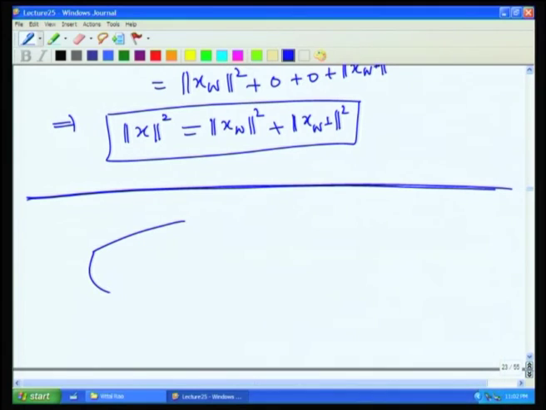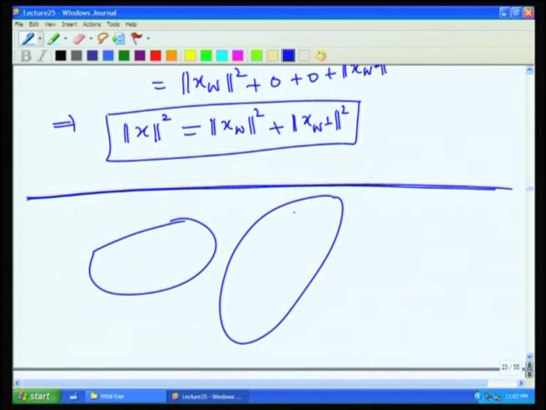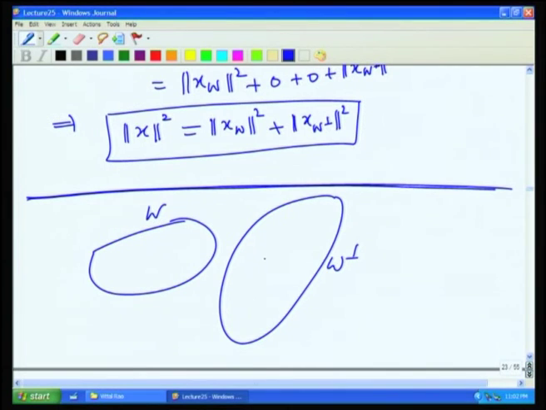You have W and you have W perp, and everything can be decomposed in terms of these two. We can decompose the basis into two parts, one from W and one from W perp, and we can decompose the vector and its length into two parts. It is this sort of decomposition that we will be using in our analysis. We shall look at an example and see how we would use it in our matrix context in the next lecture.